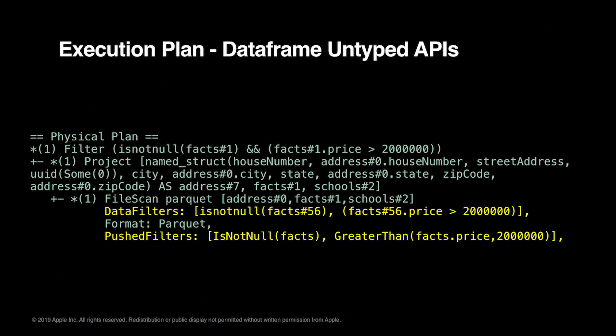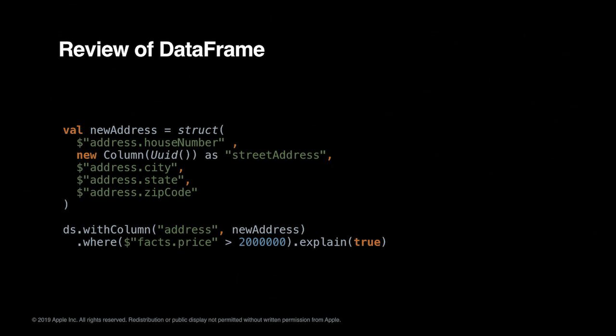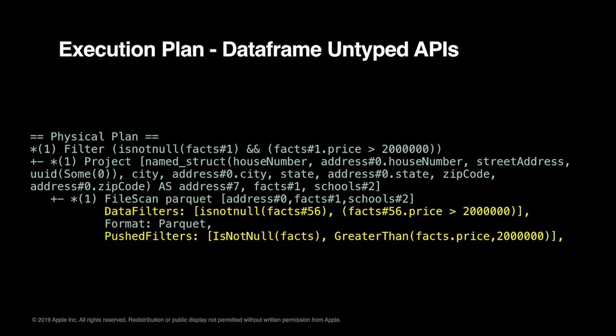But the most important thing to look at is that in the original query, we replace the street address by UUID first, and then we do the conditional predicate later. However, Spark is able to find out that we never touch price at all in the query. Because the data is not being touched, you are able to push down the predicate earlier, before you do the UUID computation.